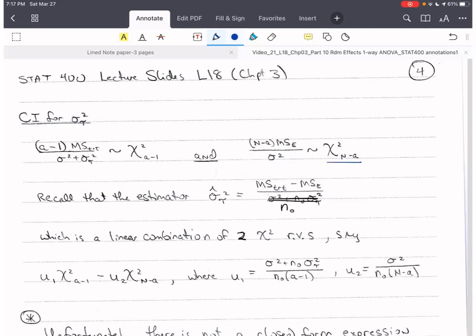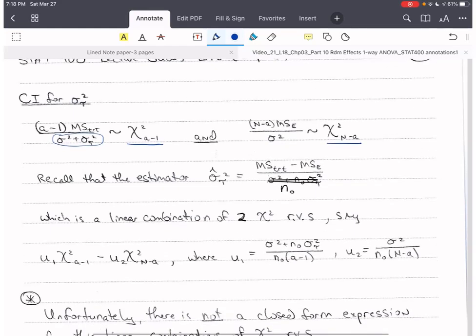Likewise, a minus 1 times MSTRT divided by sigma squared plus n naught sigma tau squared has a chi-squared distribution with a minus 1 degrees of freedom. Okay. Now, we need to recall that the estimate of sigma hat tau squared was the MSTRT minus the MSE over n naught.